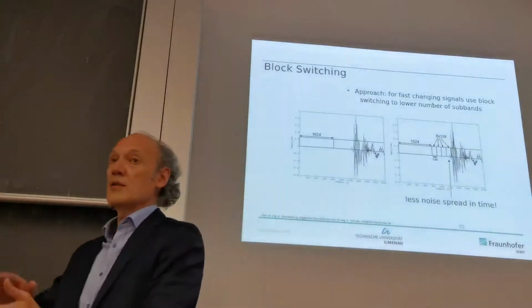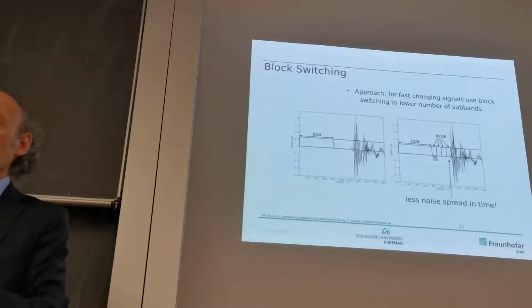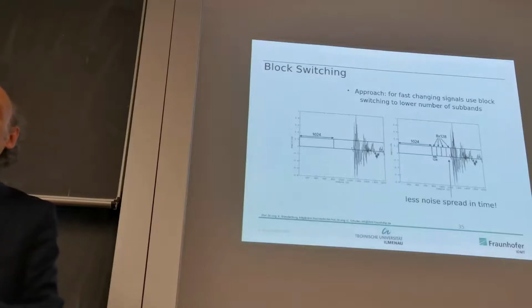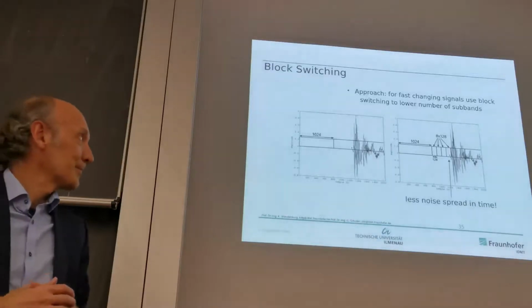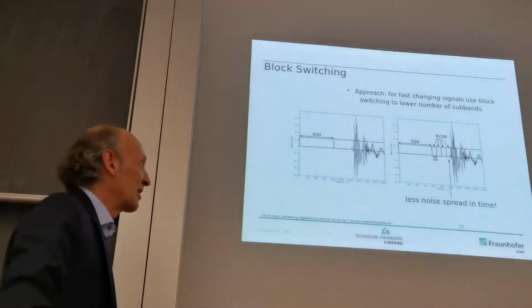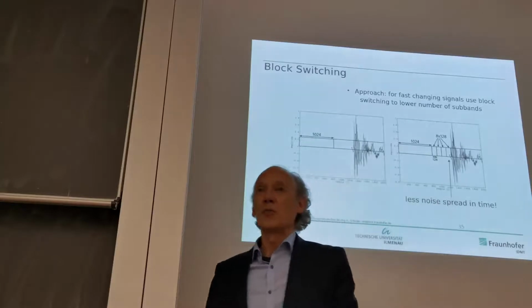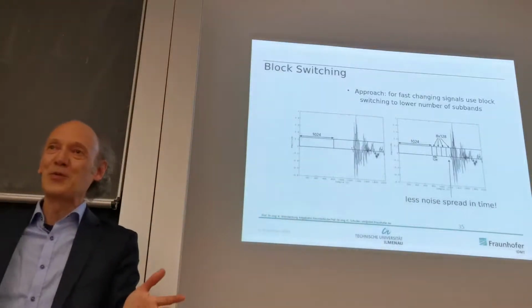You have to look ahead into the next block in the encoder, and if the encoder detects an attack in the next block, it then signals the filter bank, now you need to switch to a lower number of subbands and shorter blocks. Make sense? Yeah, so it's basically a simple fix for this problem of a non-fitting filter bank to the cochlear filter bank.